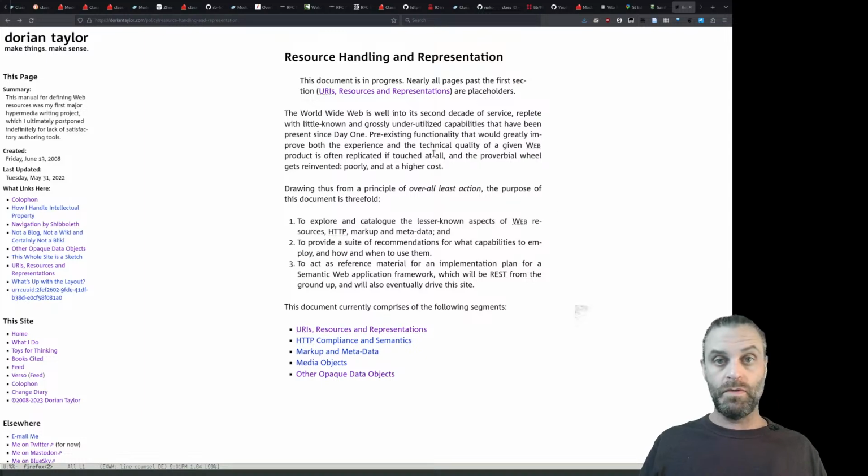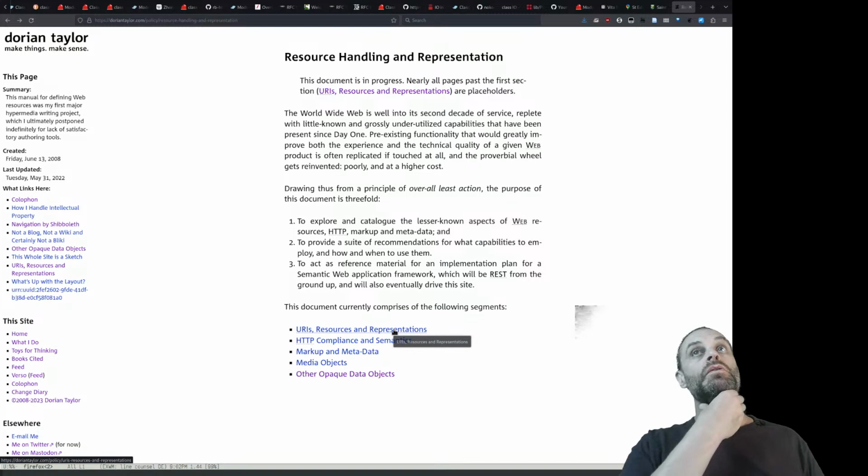2008, June 13, resource handling and representation policy. This is the first thing that I did when I put my site online. What I was trying to do was get short documents that didn't scroll, and I was trying to put one topic per page.